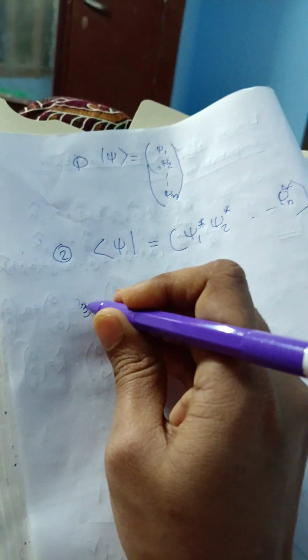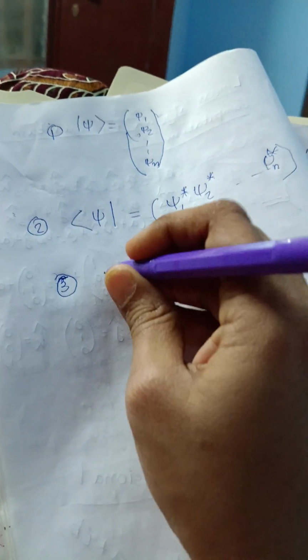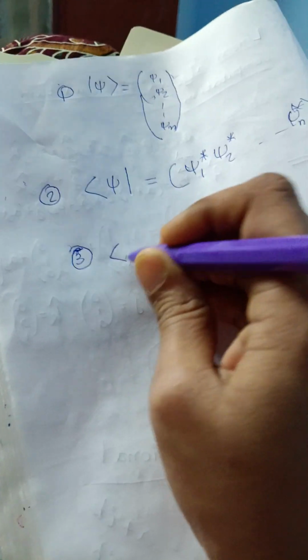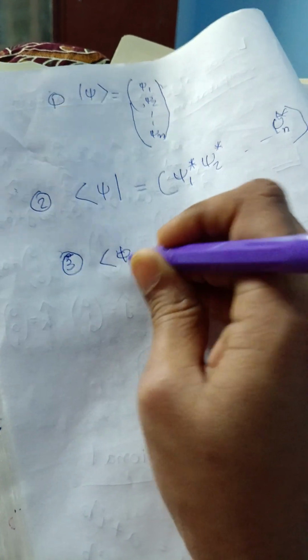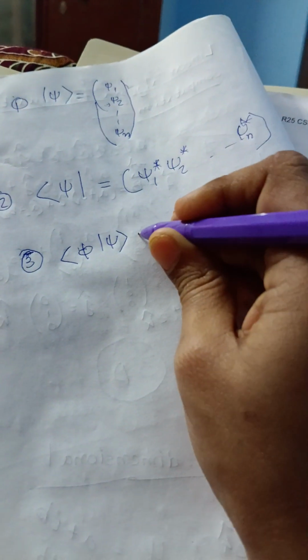The third point involves the inner product, that means the scalar product of two vectors or two states. In quantum computation we will write about two states.